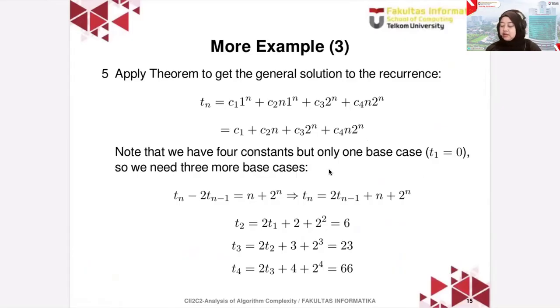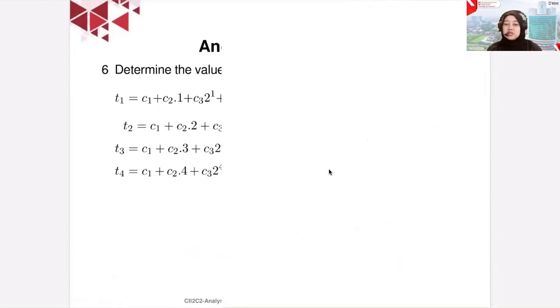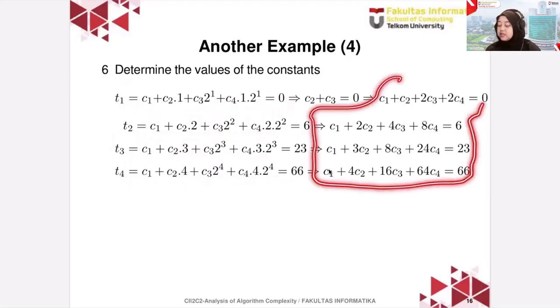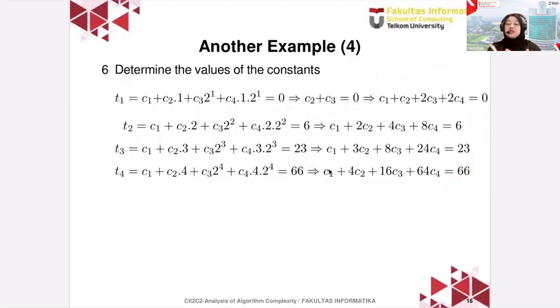From here, we need to find C1, C2, C3, and C4 by substituting n equals 1, 2, 3, and 4 into the general solution and using the base cases we have. So we have these four equations and we can find C1, C2, C3, and C4.